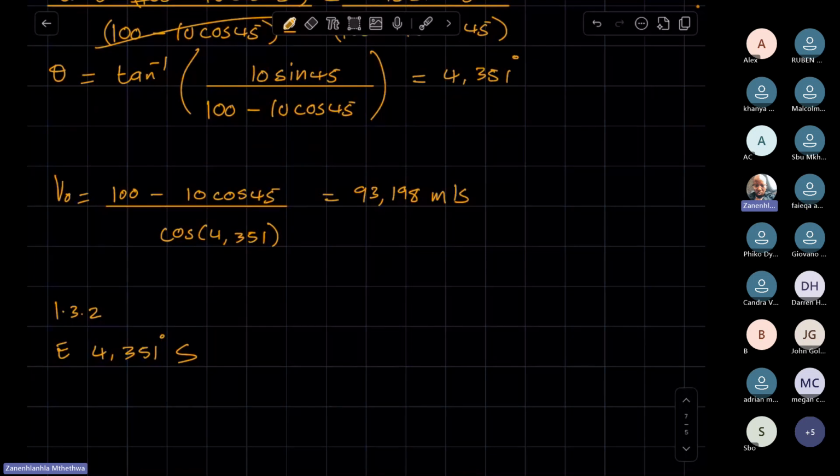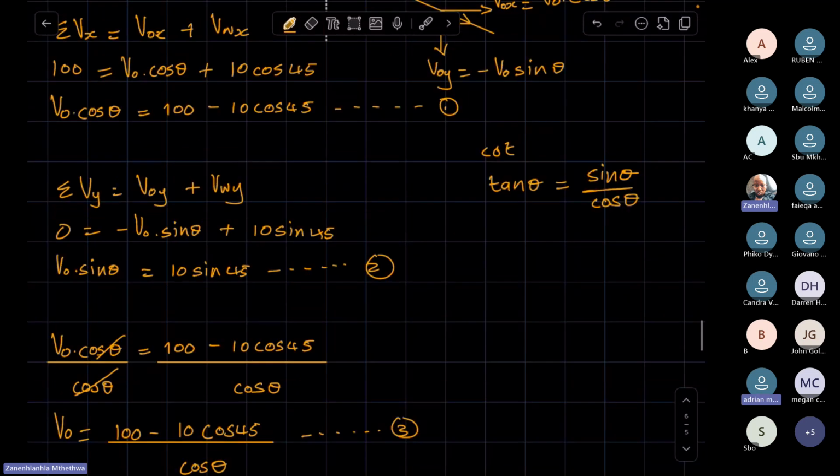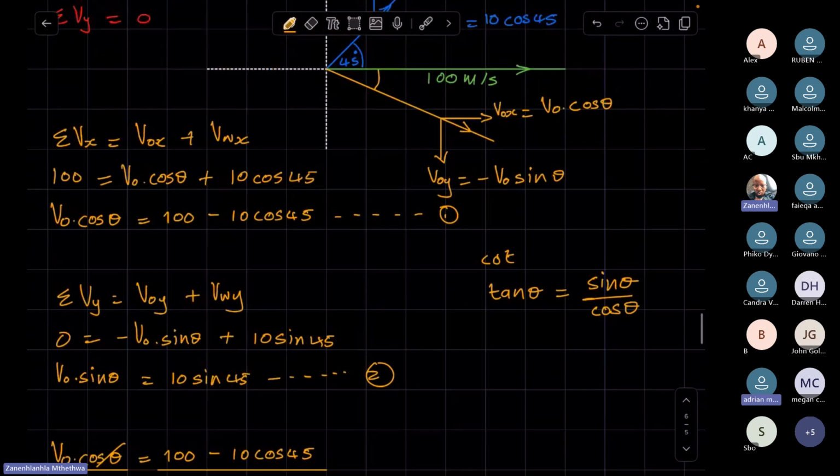Okay. So I got the same answers, but I didn't use sin, cos, or tan. What did you use? I only used the wind vector and the resultant vector to get to the answers. And it's very simple.